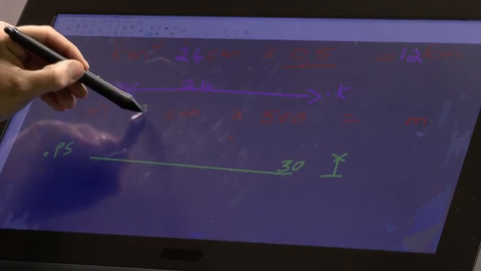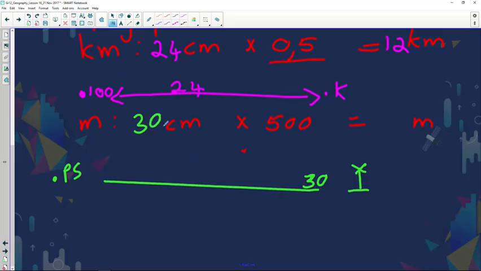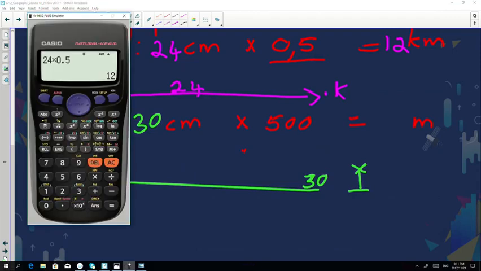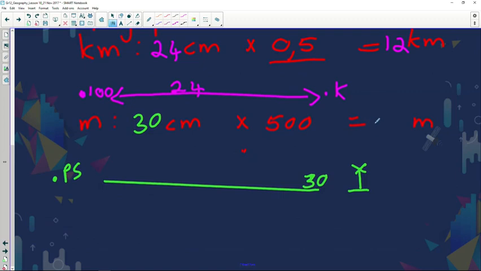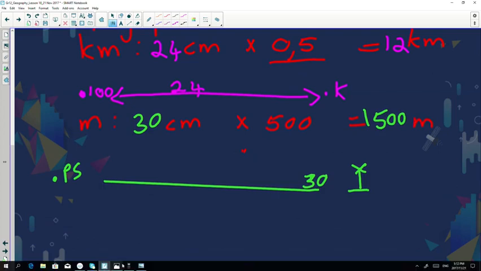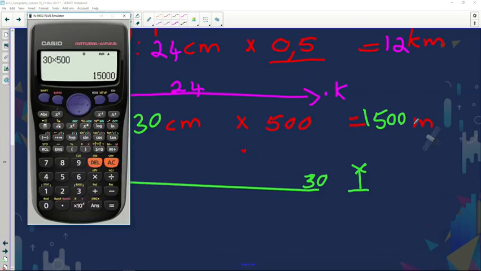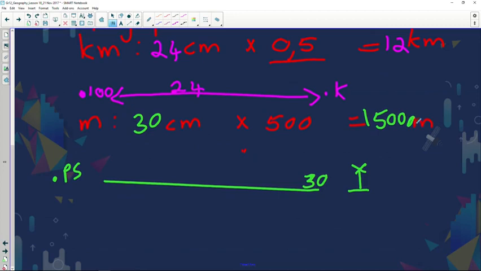So we say 30 centimeters times 500, and I'll get my answer. Let's just have a look over there. It is 15,000 meters. And that's how you get the correct answer to measure kilometers and meters on a topographical map.